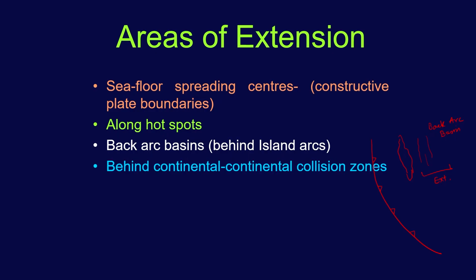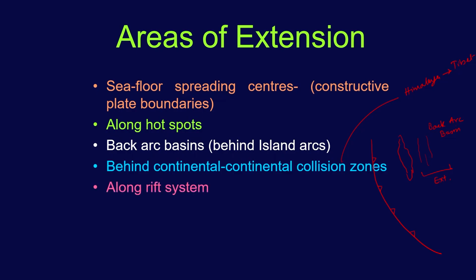Then behind continental collision. For this the best example is Himalaya, and behind that, when you go to the Tibetan side, you have this extension which has also been seen behind the continental collision.